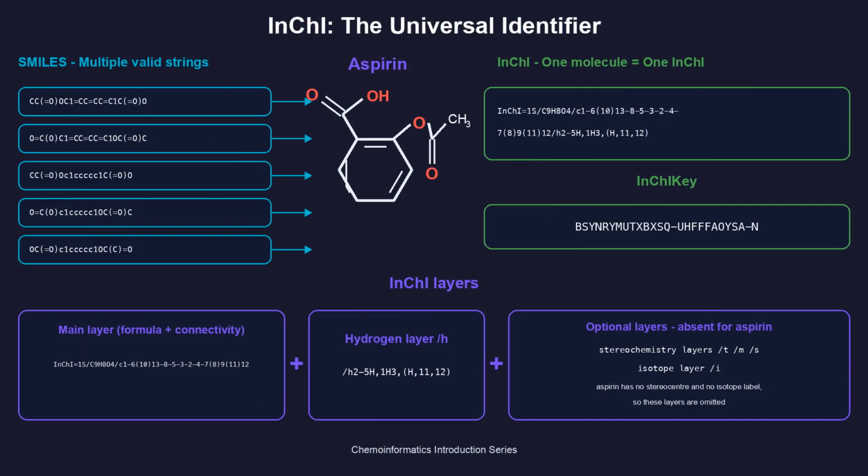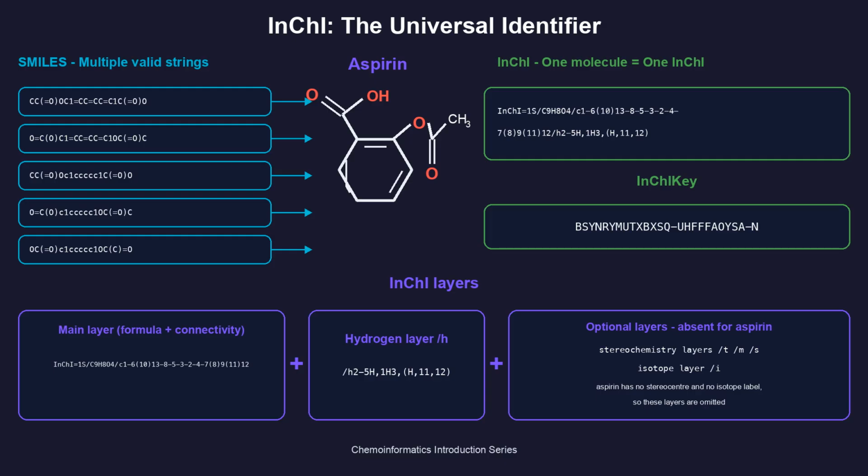While SMILES is great for representation, it has a problem. The same molecule can have multiple valid SMILES strings depending on where you start drawing. This is where InChI comes in. InChI, the International Chemical Identifier, provides a unique canonical representation for every molecule. It's structured in layers.